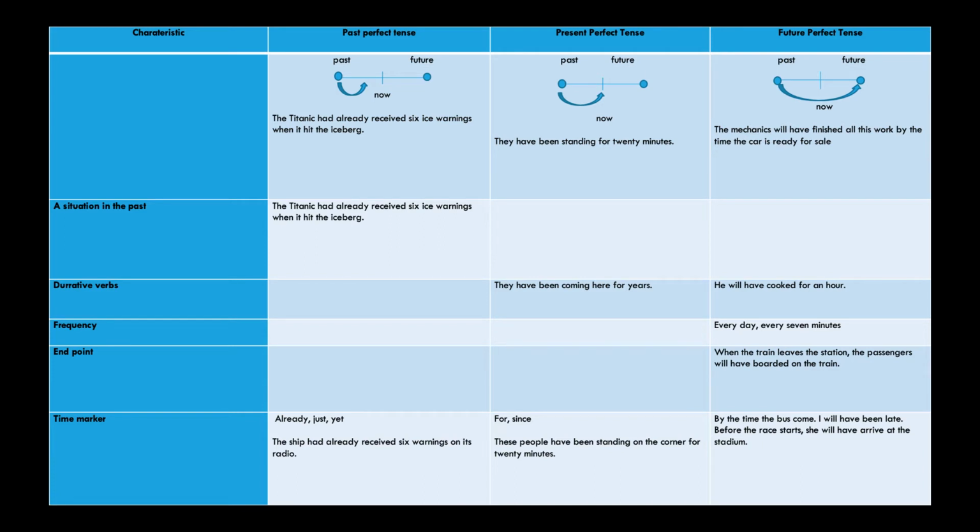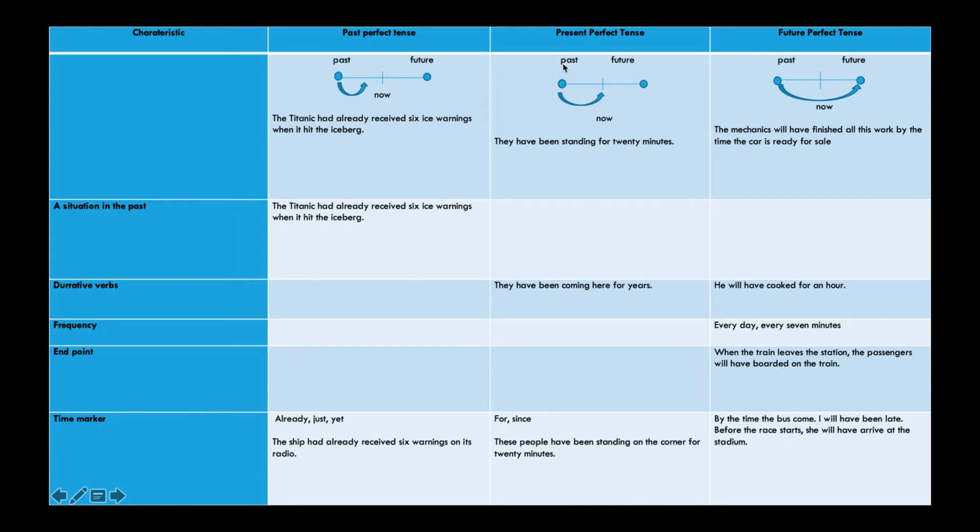And here, the example in the situation in the past: this is past, future, and the middle is now. The difference for the past perfect tense is here, before now, in the middle of the past and now.